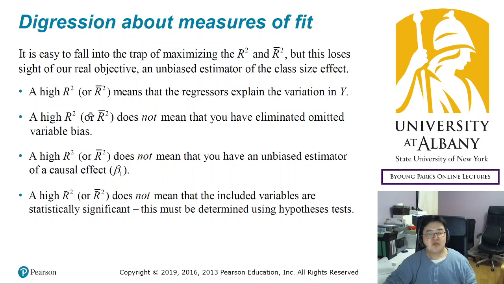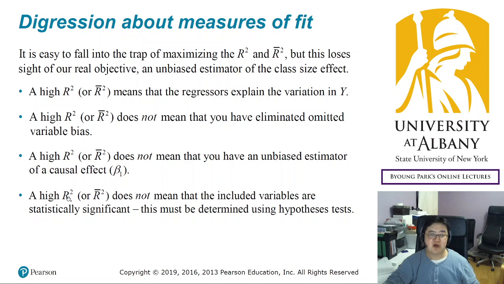You have to understand that high R squared does not imply that you have eliminated the omitted variable bias. It has nothing to do with omitted variable bias. And higher R squared does not mean you have an unbiased estimator. Even if R squared is higher, there may still be omitted variable bias.